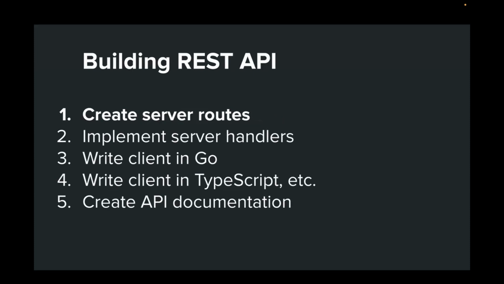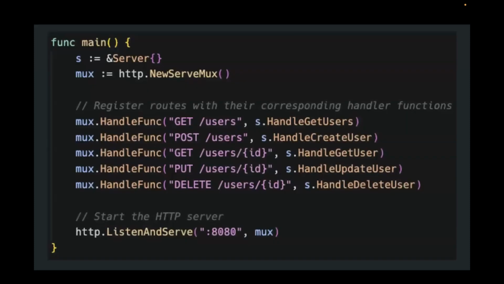So if you want to build and maintain the REST API by hand, that's the obvious choice when you're starting with Go. You need to write lots of boilerplate, essentially. So first you need to start with creating the server and mounting your routes.